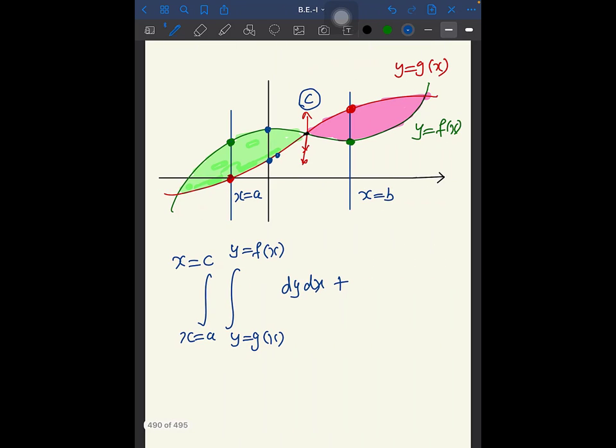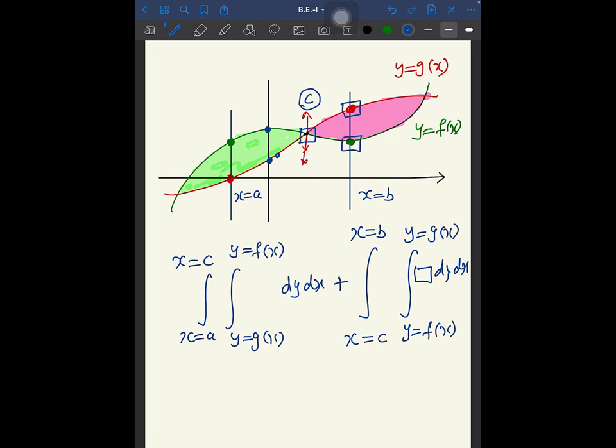Now of course this is your flipping point, things have flipped over here, so we have just one flip point in this scenario. So this is x is equal to c to x is equal to b, and your y runs from green to red, that means y is equal to fx to y is equal to gx, dy dx. There will be some function, and if it is there then we'll calculate it. That's how we calculate the limits over these kinds of regions.